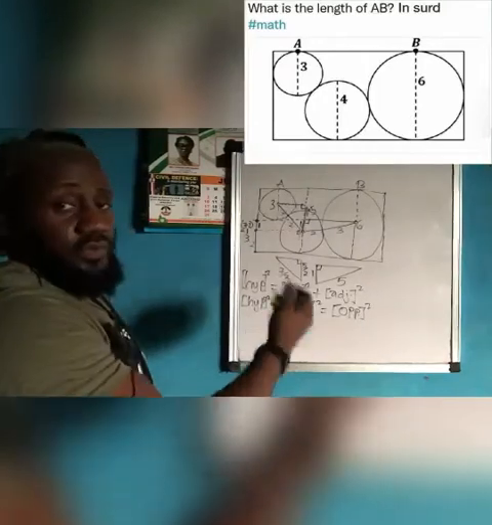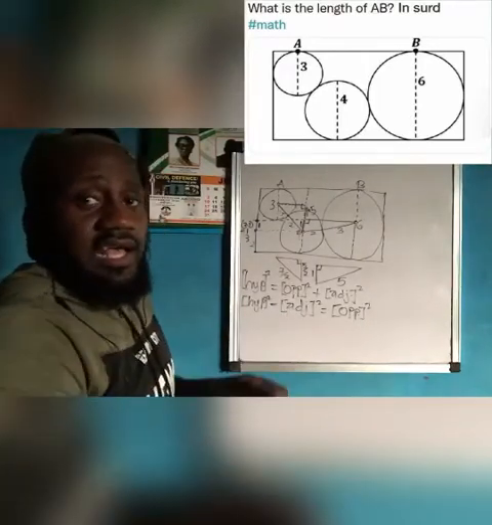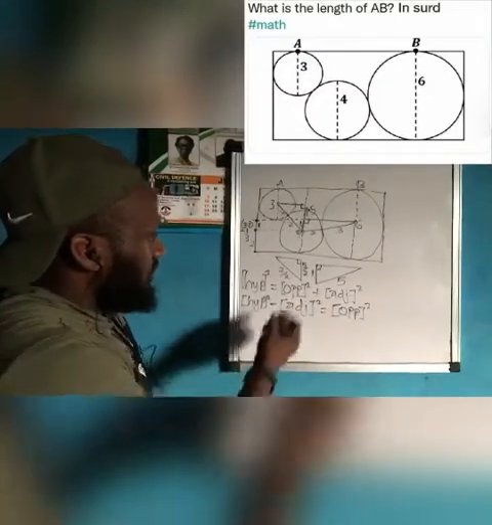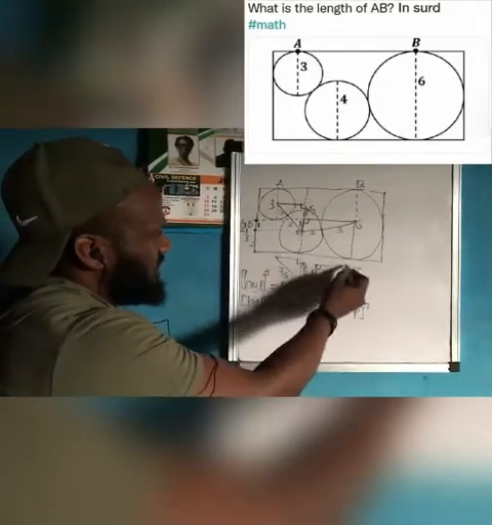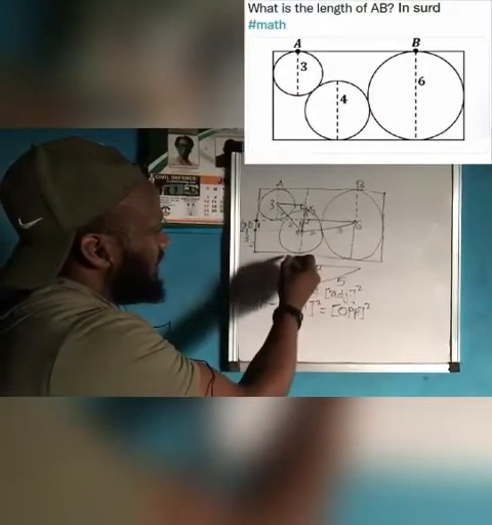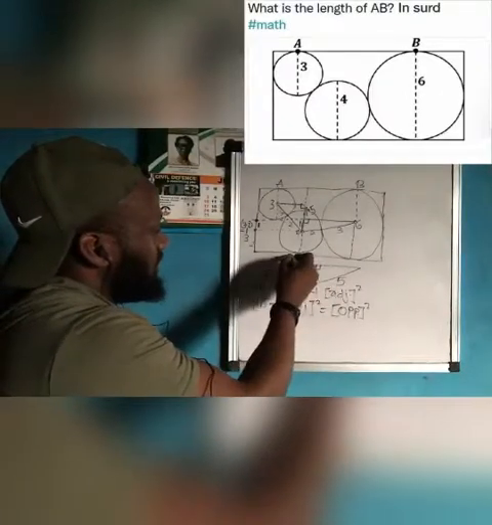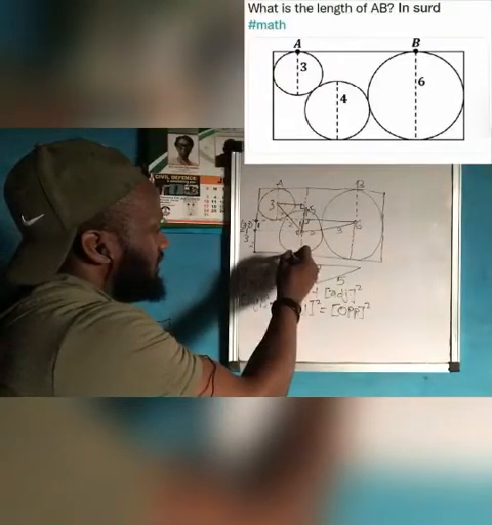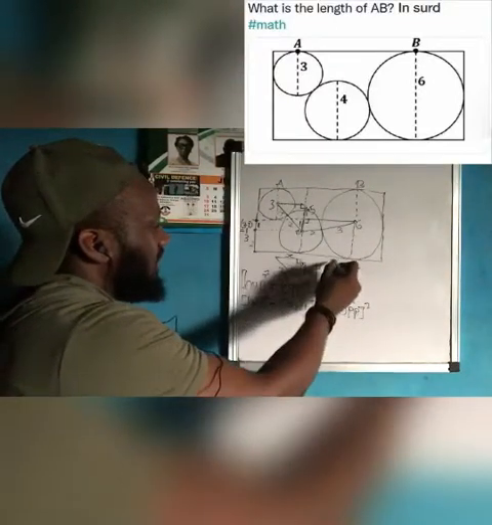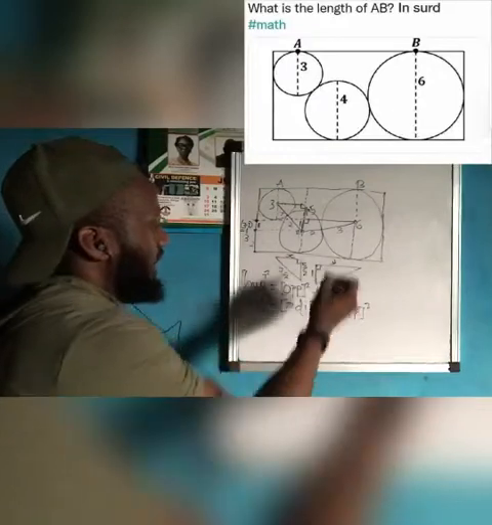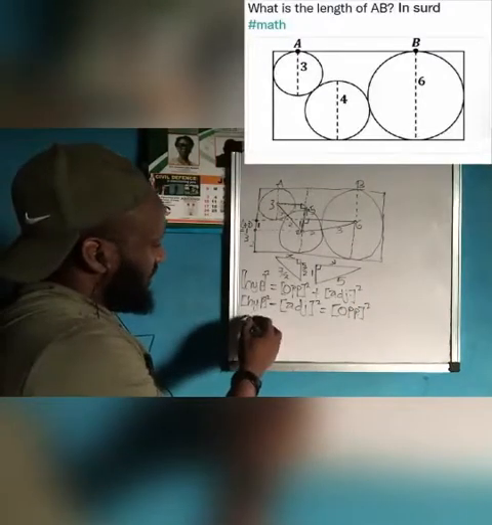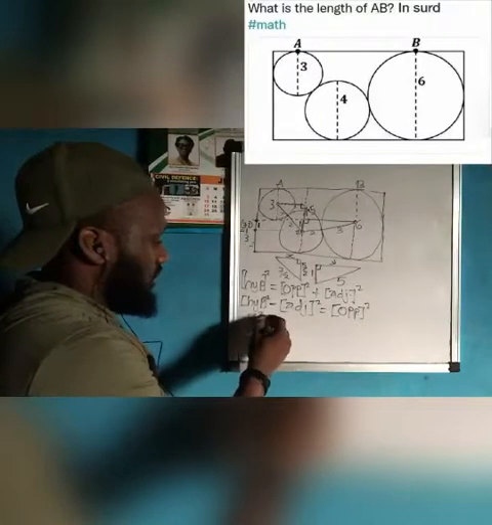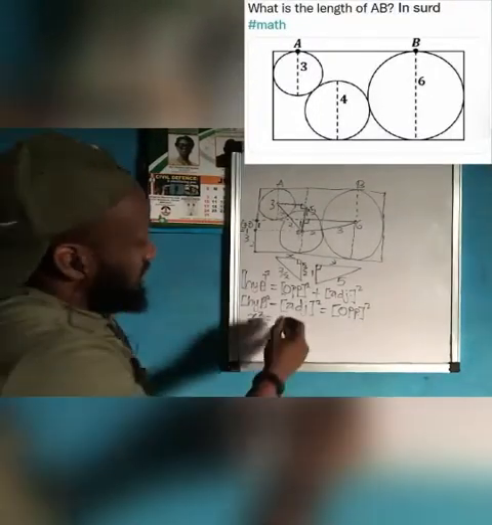Because any of them could be opposite or adjacent, let's call these sides something. Let's call them x and y.